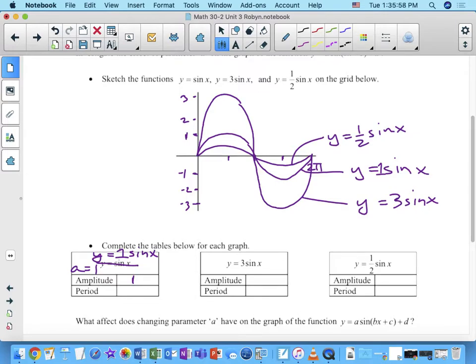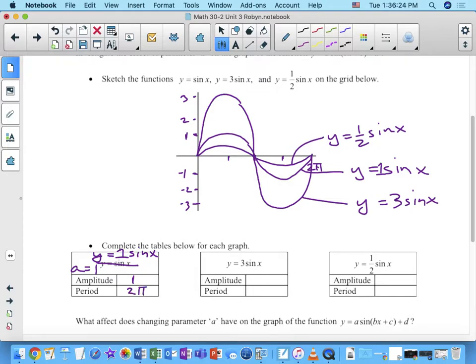What's the period? How long does it take to do one cycle? Not 2, but 2 pi, yeah.